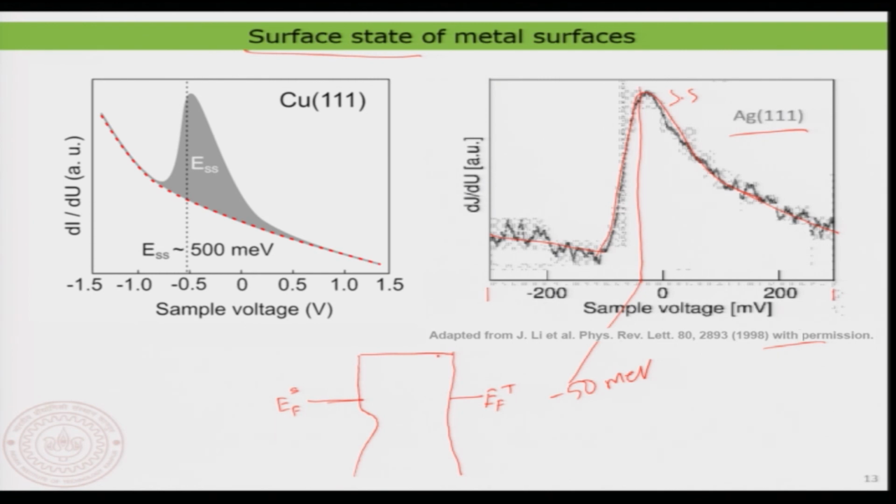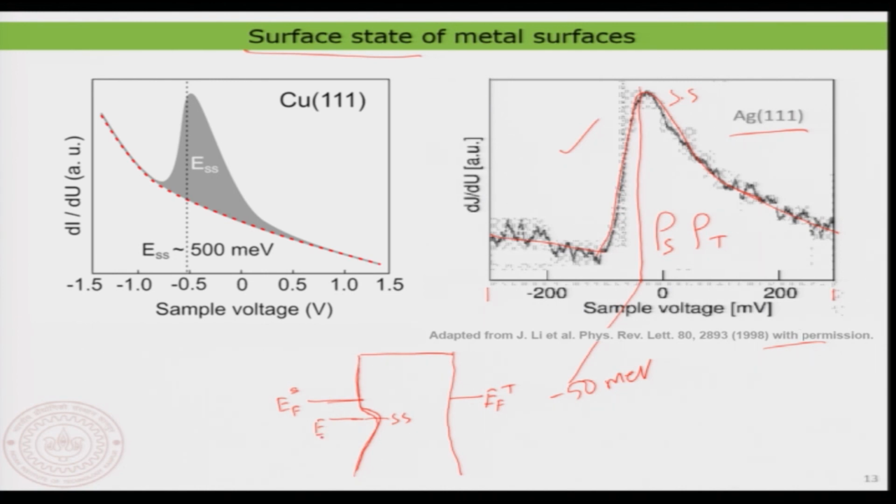This is exactly what is in this particular case, because you know that what you are seeing is a product of the density of state of the sample and the density of state of the tip. Now I can re-extract everything back, and since I am using a polycrystalline tip, I also know that its density of state is nearly constant, and then everything is coming from the surface, which is just this one, the surface state itself. So, this is the energy of the surface state, and that is something you can clearly measure.